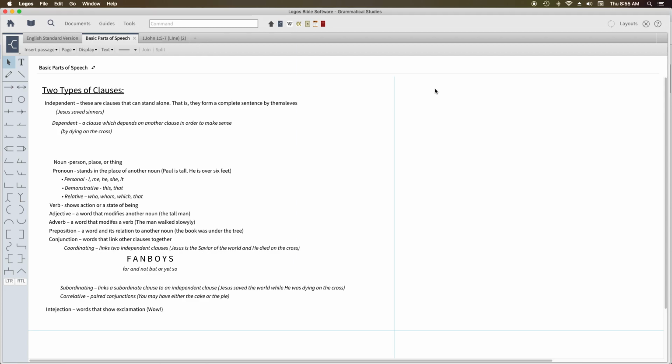The difference here is Logos, the different shapes are not set up for Reed Kellogg. So in other words, if you're used to seeing diagrams from grade school, you're used to seeing the words on slanted lines and turned sideways. Well, Logos doesn't have that capability, but they do have all the shapes that we need.